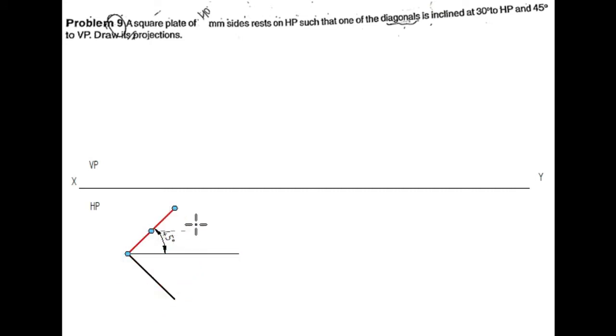Yes. Next, we require another corner point. So for that, I will go for arc method. So I will take this point as a reference and I will take a length of 40 mm and I will cut an arc on median line. So right. So now I will join.